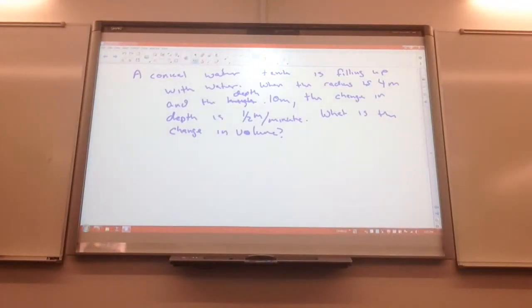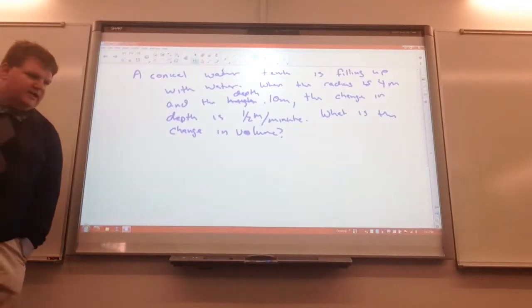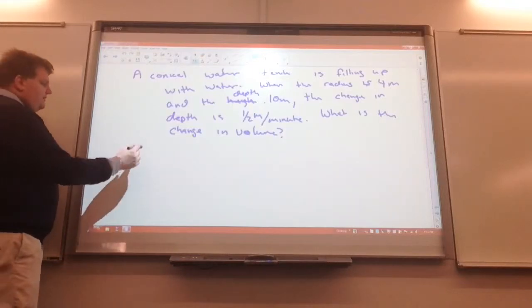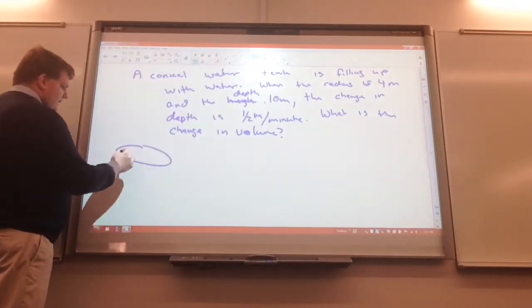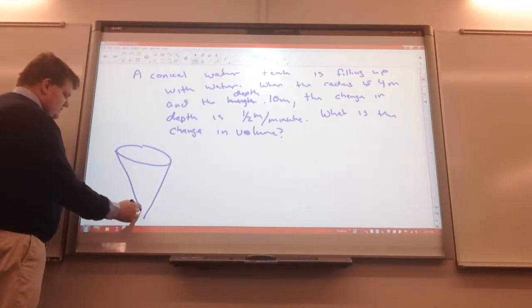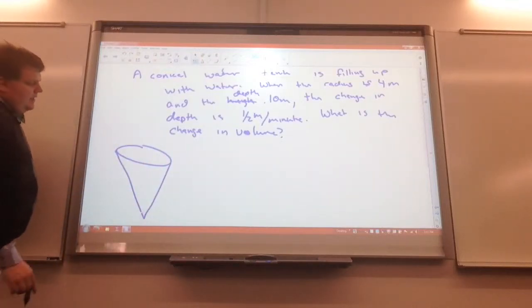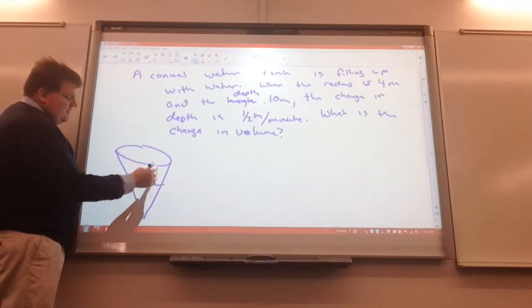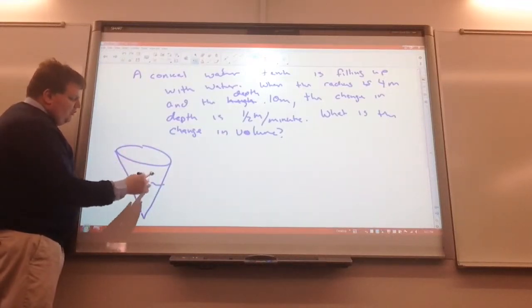Now, whenever we have one of these problems, what should we always do first? Sketch. Sketch a picture of what's going on. So it's a conical water tank. For simplicity's sake, we're going to draw it upside down. There's water in it at a certain moment in time. We can think of that water as being its own little cone of water in here.